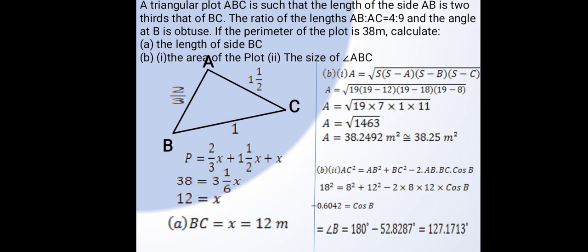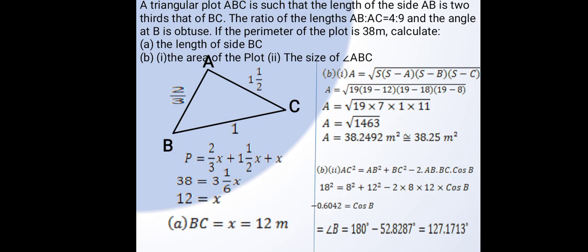Now, we have been given the ratio between AB and AC to be 4 to 9, we ask ourselves, if 1 is equivalent to 9, what about the 4? Oh, sorry, we equate that we have been told AB and AC is equal to 4:9.